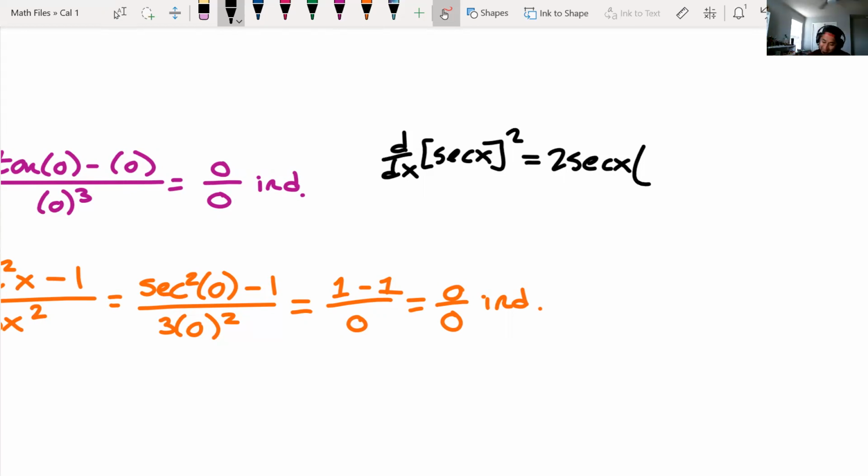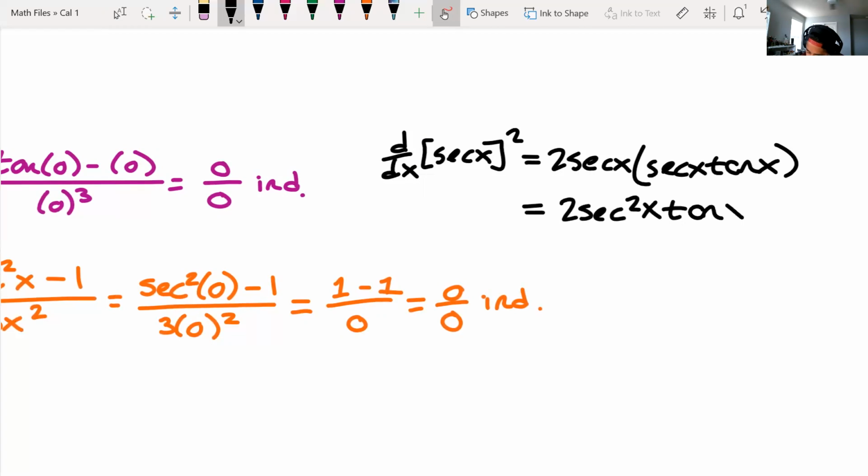Secant x times tan x. Secant x, tangent x. So this becomes 2 secant squared x tangent x.